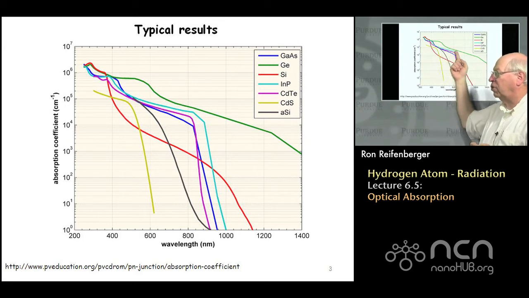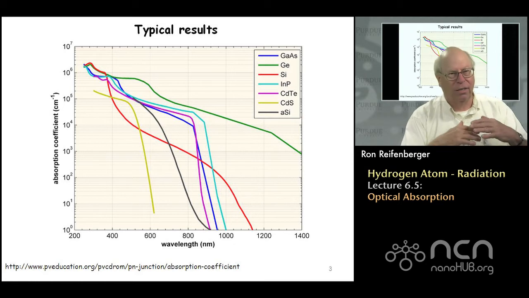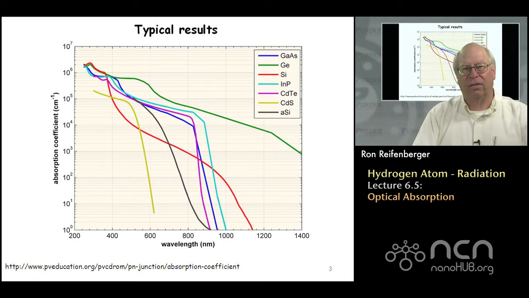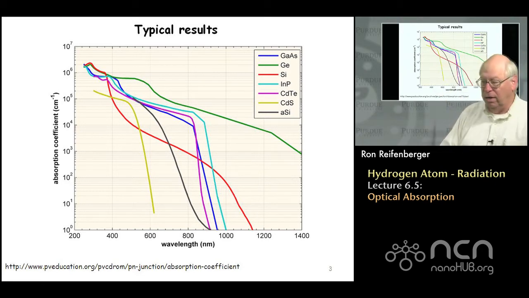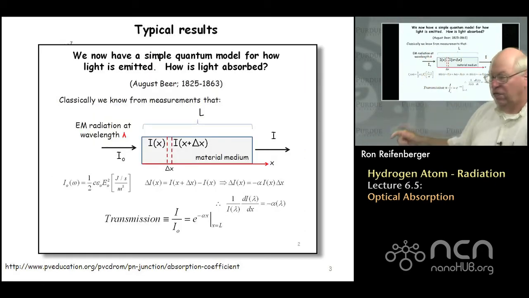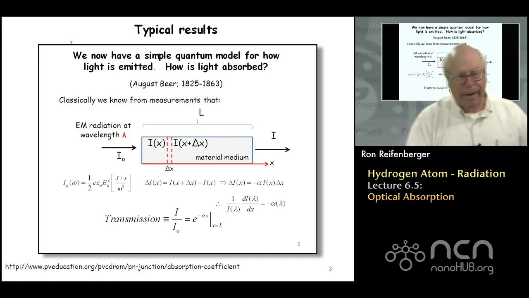And there's structure and sharp drop-offs in the absorption coefficient, and these sharp drop-offs are ultimately related to the electron energy states that exist inside these different materials. But this would be a typical result of this very standard absorption measurement that's sketched out schematically here.